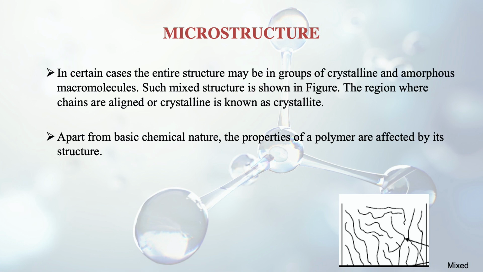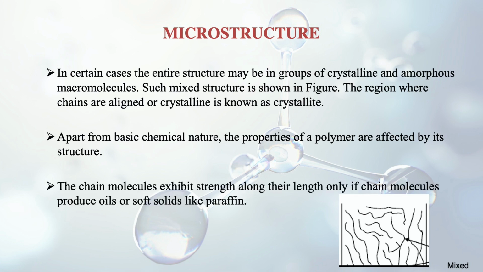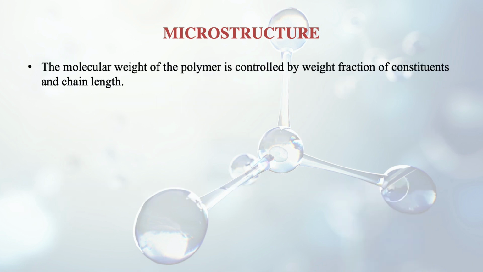Apart from the basic chemical nature, the properties of a polymer are very much affected by its structure. The chain molecules exhibit strength along their length only; otherwise the chain molecules produce oils or soft solids like paraffin. The molecular weight of the polymer is controlled by the weight fraction of the constituents and the chain length.